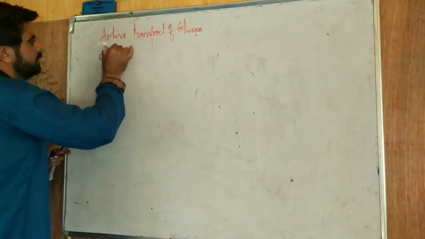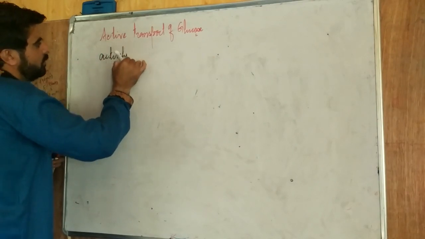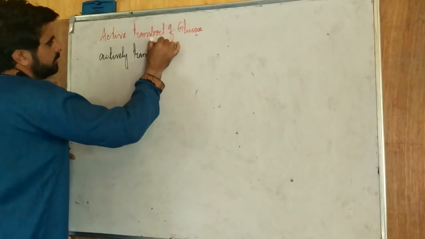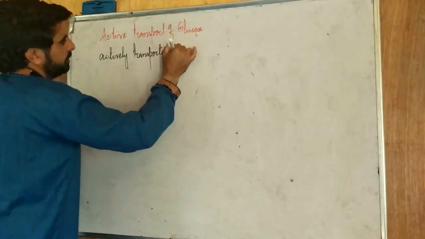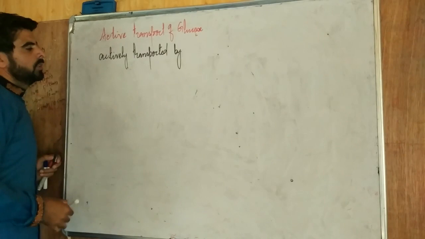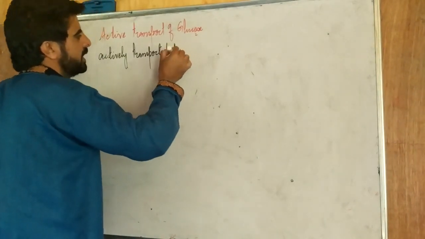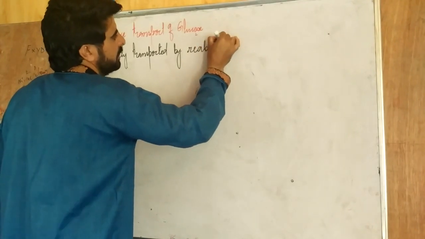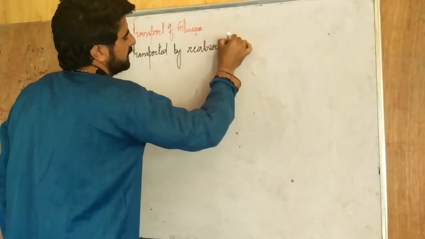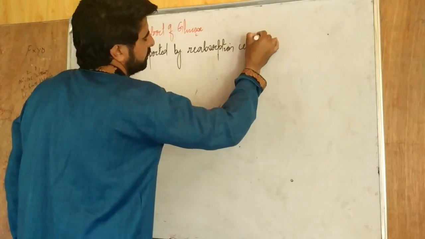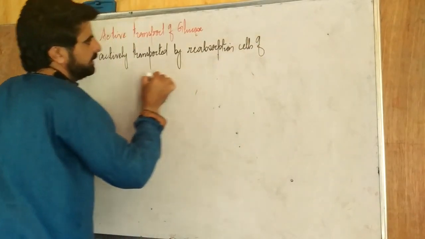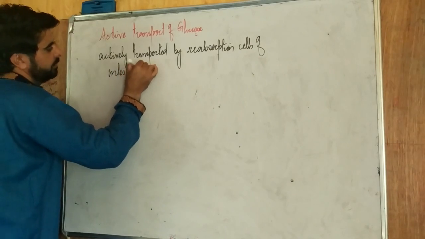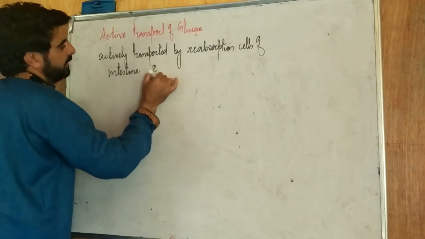Glucose is actively transported by reabsorption in the cells of intestine and kidney.